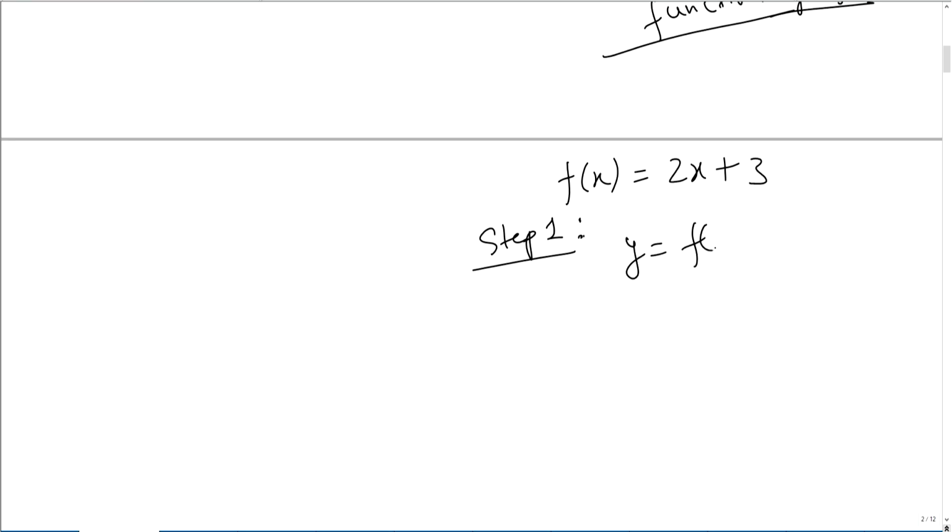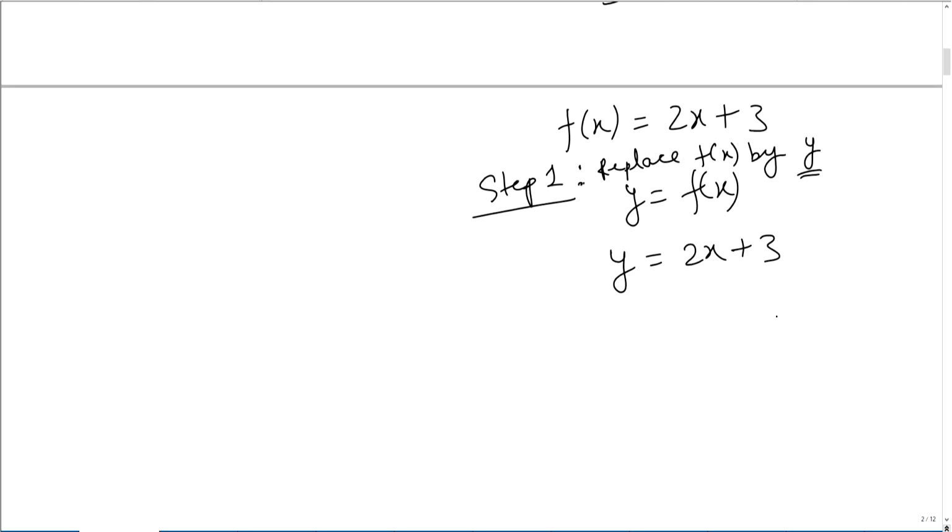We used to consider y equals f of x. So y is the outcome variable, and we can replace f of x by y. So that's our step 1. Replace f of x by a variable y, which is an outcome variable for this particular function. We can rewrite this equation as y equals 2x plus 3. We just replaced f of x by y.